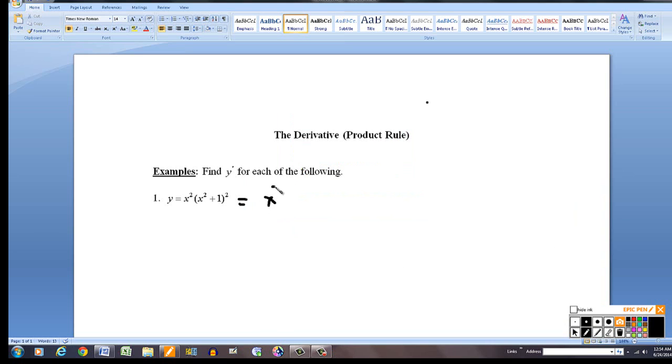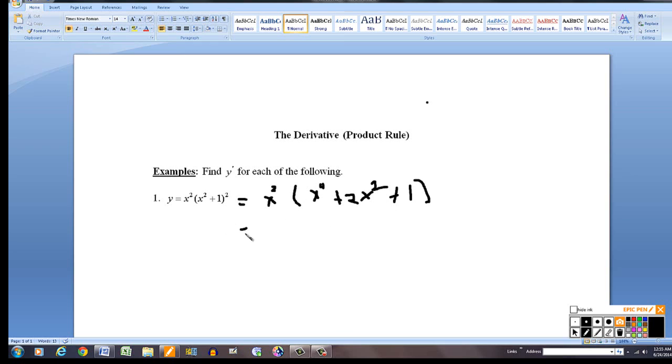So I'm going to write this as x squared, and then I'm going to square the quantity in the parentheses. So if I square that, that becomes x to the 4th plus 2x squared plus 1. Okay, it's just squaring a binomial.